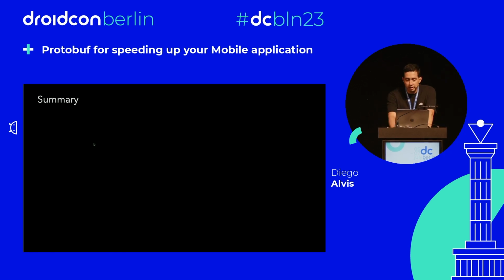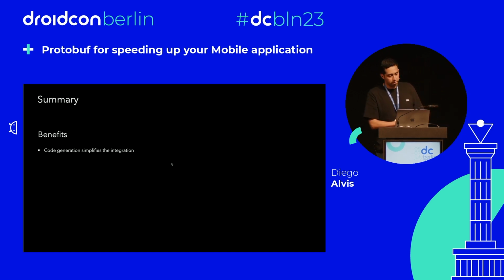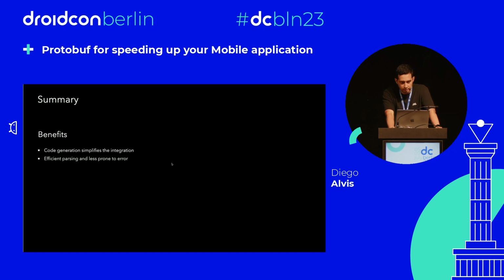All right. Summary then. Some benefits of gRPC and Protobuf is that the code generation simplifies the integration, and I'm going to mention this a couple of times more. It really speeds up the development if you have everything ready and to be worked on.